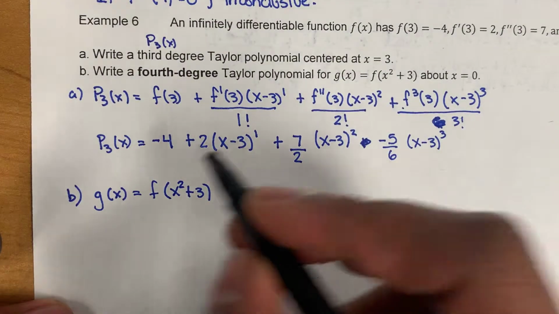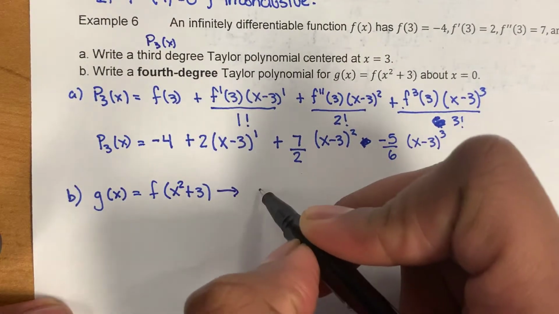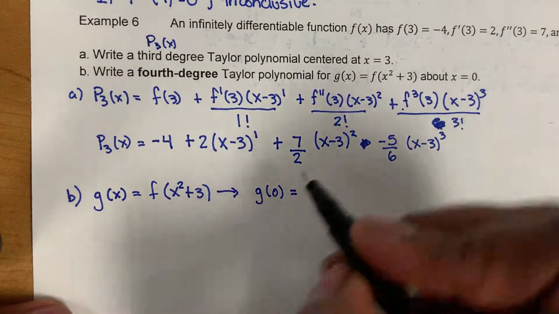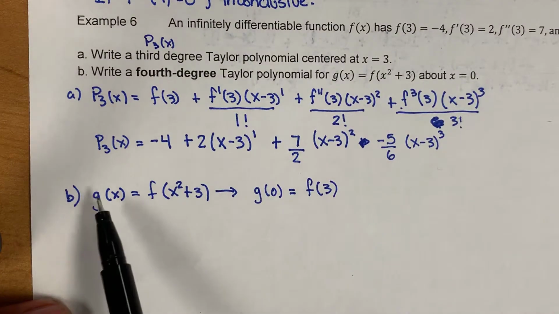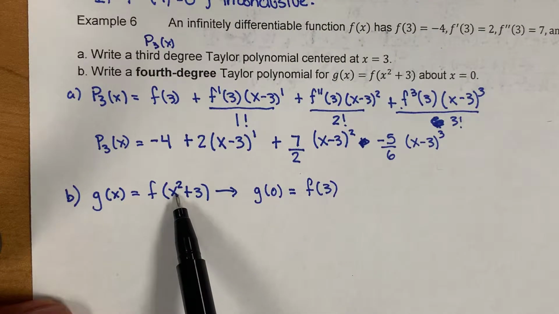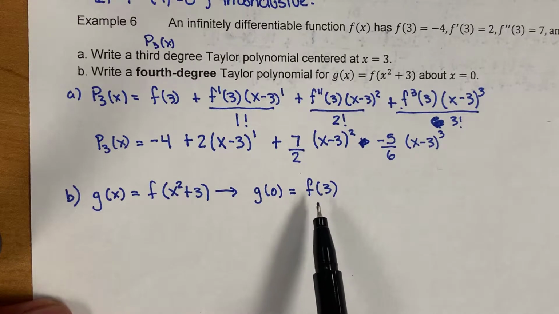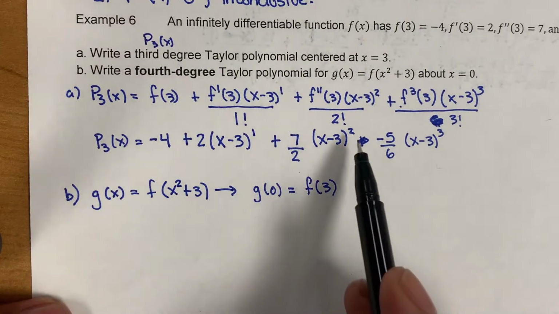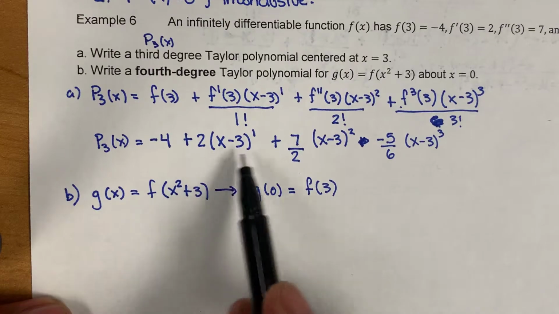So g of x equals f of x squared plus 3, which implies that g of 0 is going to equal f of 3. That's something that we need to keep track of. If x is 0, x squared is 0 plus 3, so that again is f of 3. And keep in mind that we're basically substituting in x squared plus 3 in here.